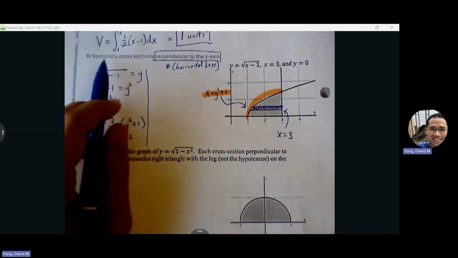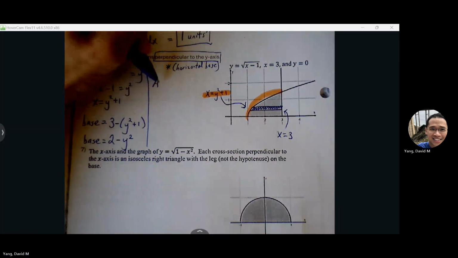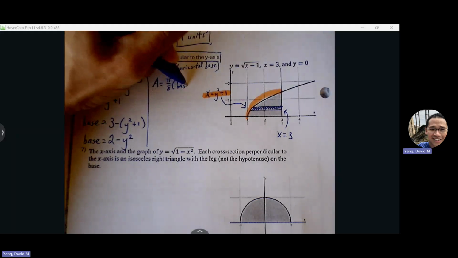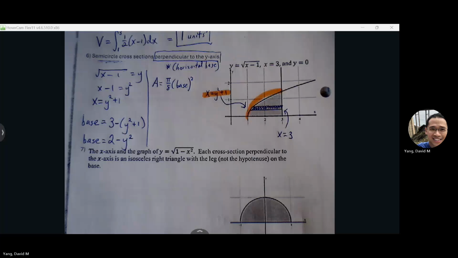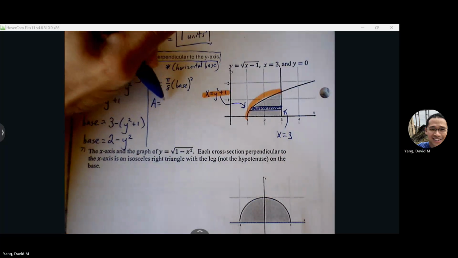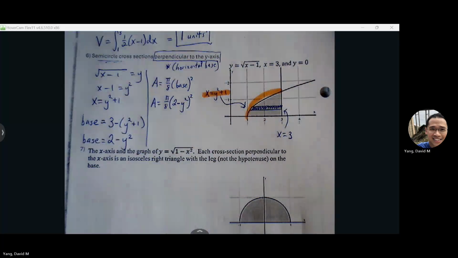Okay, our second dimension is the area formula. The area formula for a semicircle is pi over 8 base squared. Put the base that we're working with inside your formula. Then we're moving up to the third dimension.